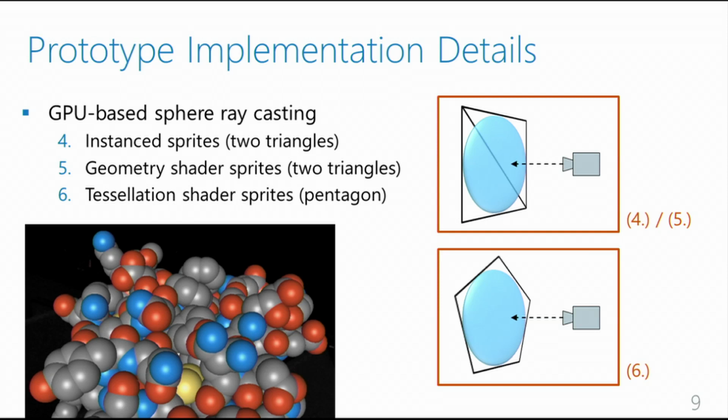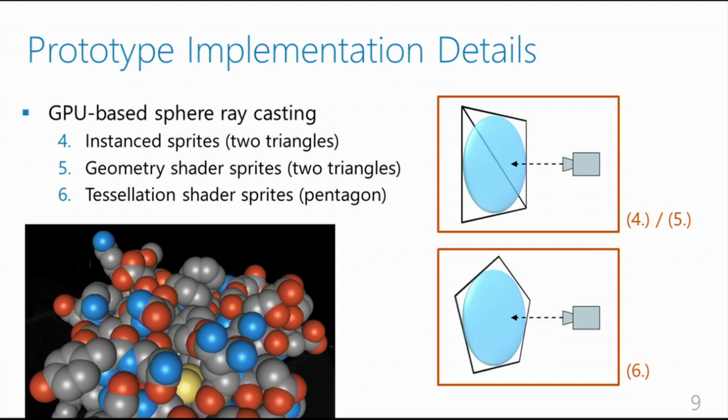In these corner cases, you also have to execute those ray-sphere intersections, so with the pentagon we wanted to reduce the number of unnecessary ray-sphere intersections. And as you can see, we have this pixel-perfect image quality, so you don't see any polygon edges like you do in classical computer graphics.